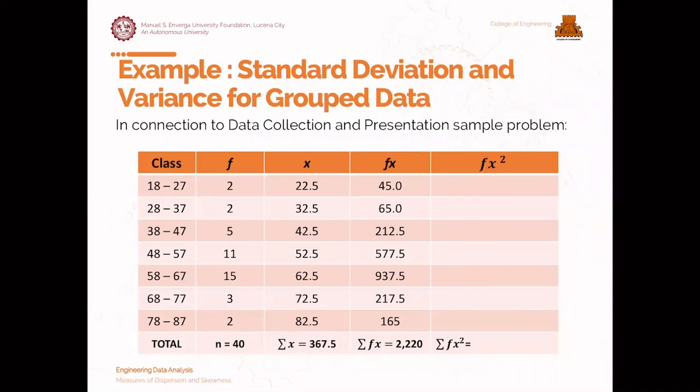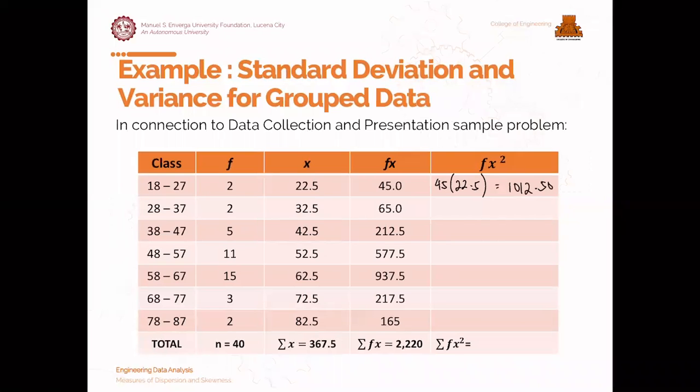So ngayon, basta alam mo kung paano i-identify yung midpoint, yung x, no? Then yung fx naman is just a multiplication of these two columns. So, itong fx squared, mangyayari sa kanya, itong fx mo, multiply mo lang ulit ng x. No? So, mangyayari sa kanya is 45 times 22.5, no? Equals sa 1,012.5.